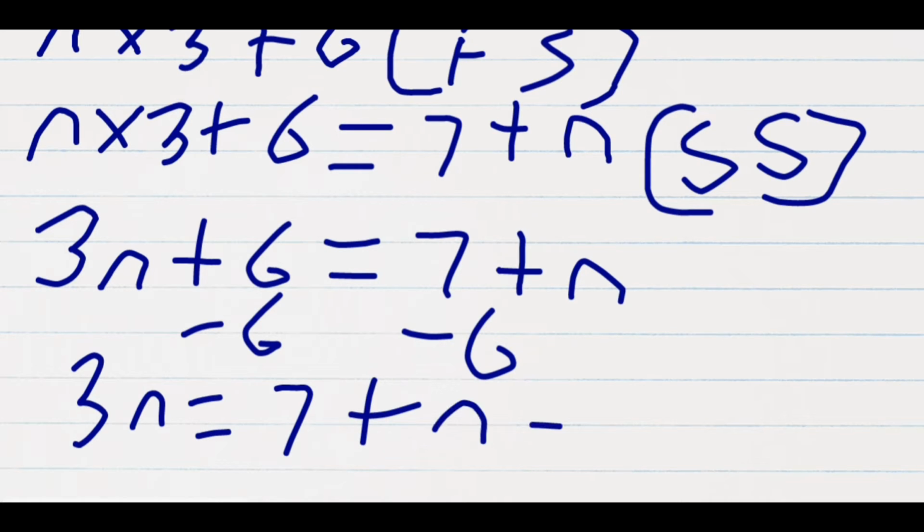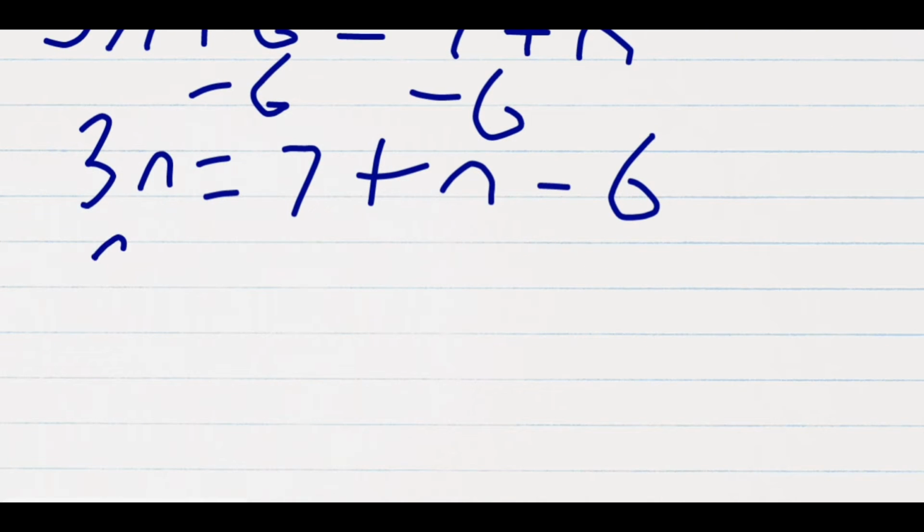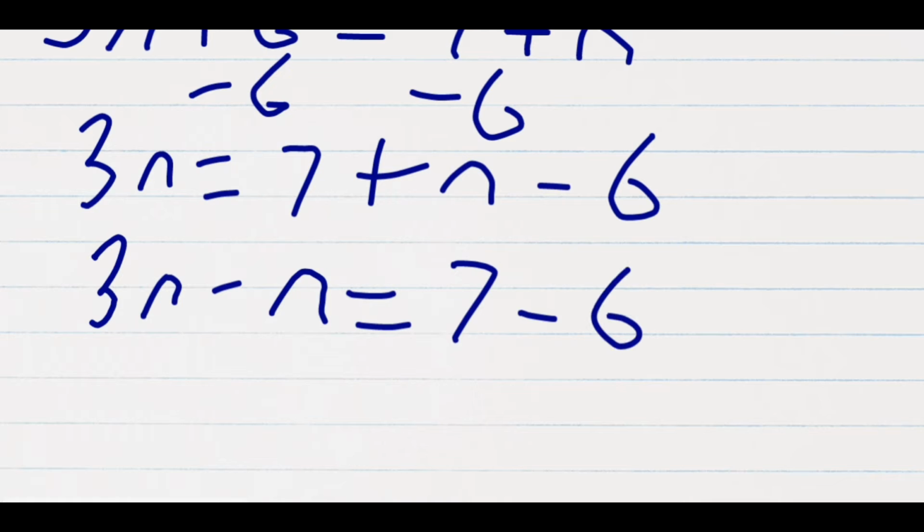And now we are going to subtract N from both sides. 3N minus N is equal to 7 minus 6. 3N minus N is going to leave us with 2N, and 7 minus 6 is going to leave us with 1.